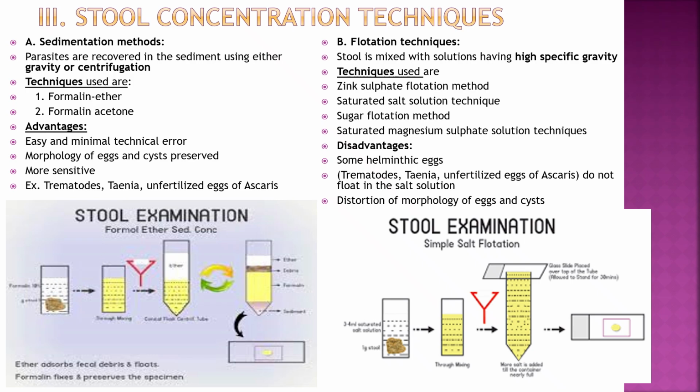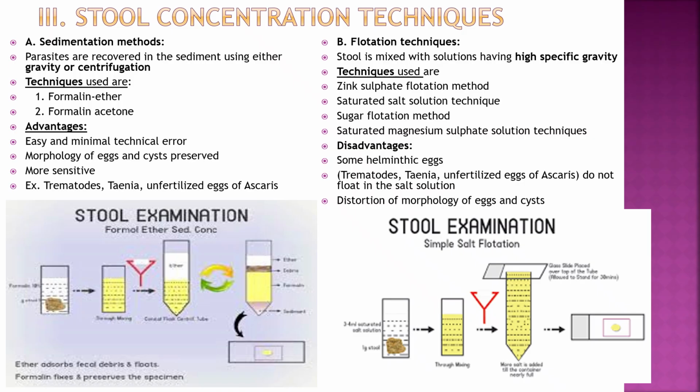The advantages of the sedimentation method: it is easy and minimal technical error is there. Morphology of eggs and cysts is preserved and it is more sensitive. In the flotation techniques, stool is mixed with a solution having high specific gravity, and the techniques used are saturated salt solution or zinc sulfate flotation method or sugar flotation method or saturated magnesium sulfate solution techniques.